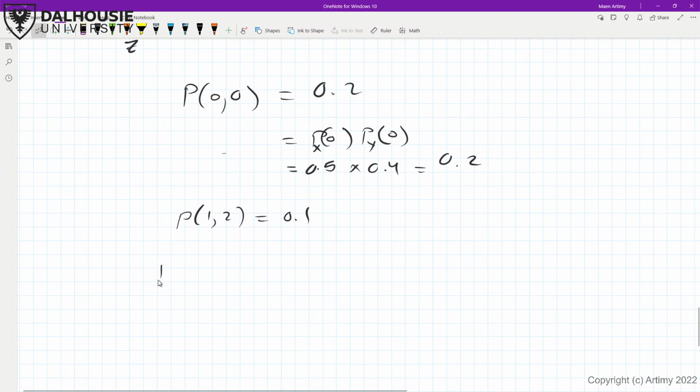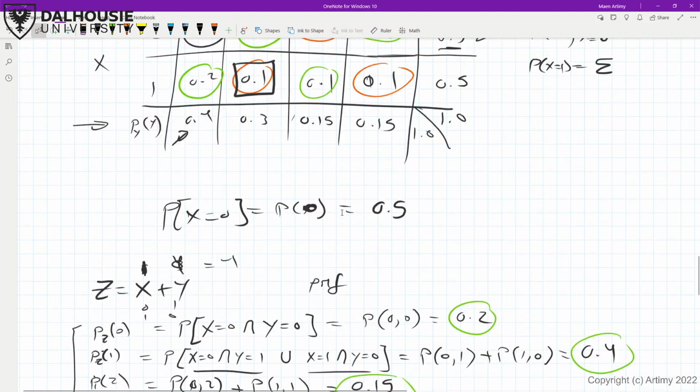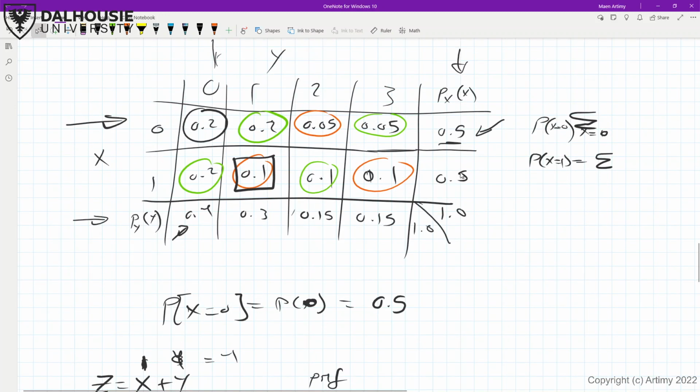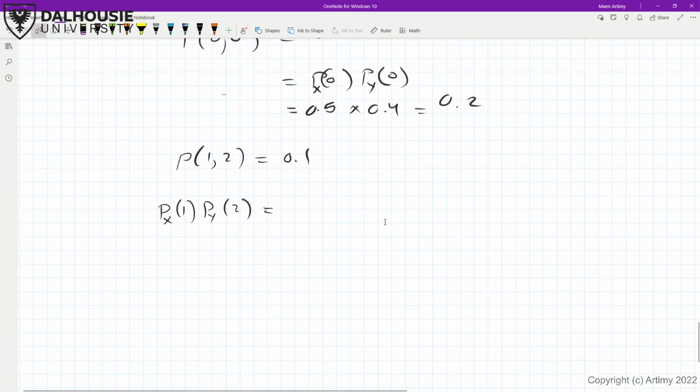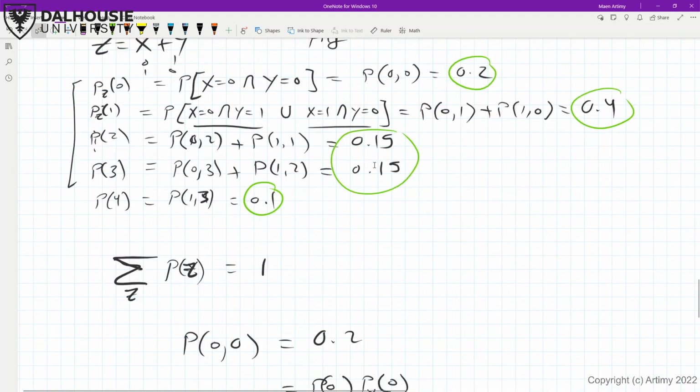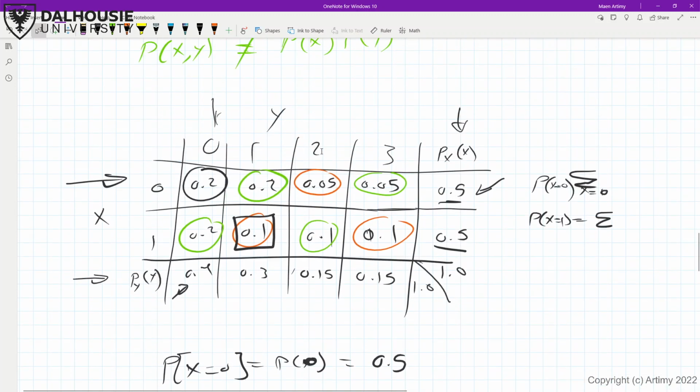Let's compare it with Px1 multiplied by Py2. From here, Px1 is 0.5, and from here is 0.3.